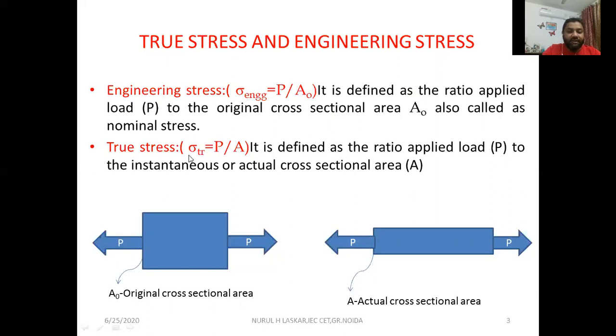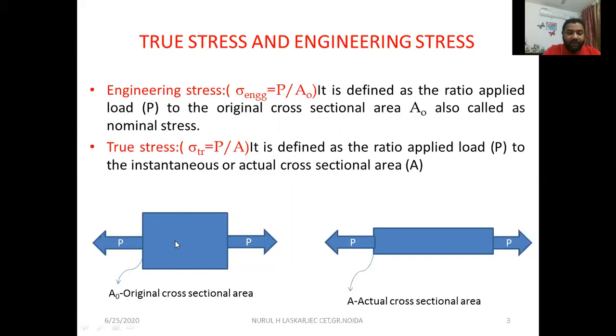Then true stress, I have written sigma TR equals P upon A. It is defined as the ratio of applied load P to the instantaneous or actual cross-sectional area. Now, what is that actual area and the original area? You see, in the first diagram there is a body, and the cross-sectional area I have given is A naught, the original cross-sectional area.